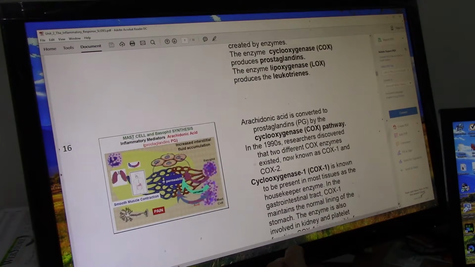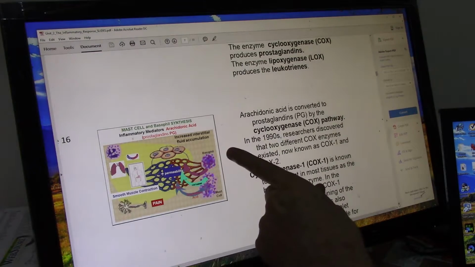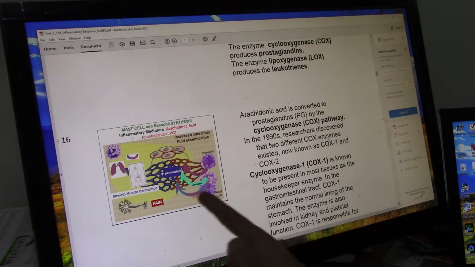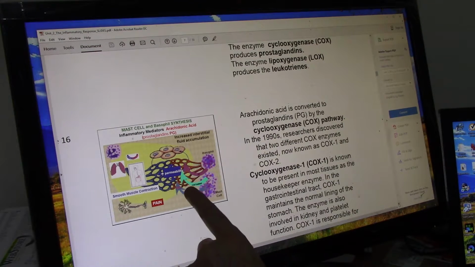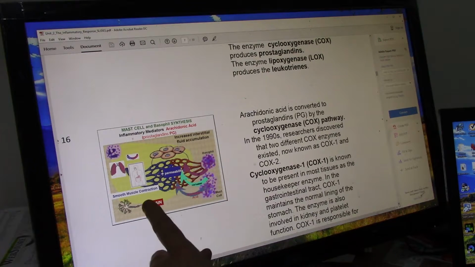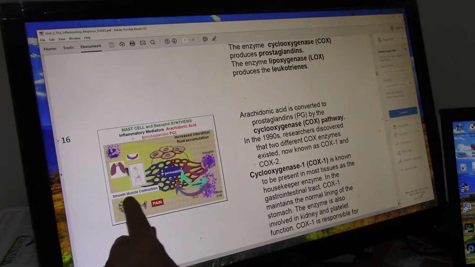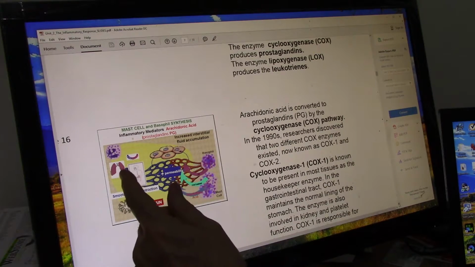All right. Now here it gives us a more complete picture. The basophils and the mast cells are releasing the histamine and the chemotaxic factors, and they've already released the arachidonic acid. Remember, the arachidonic acid is going to break down into leukotriene, and the leukotriene is going to result in that smooth muscle contraction of the bronchial airways.